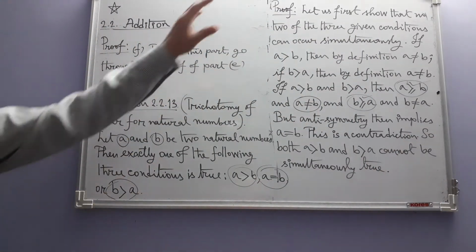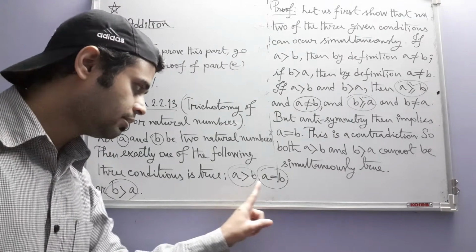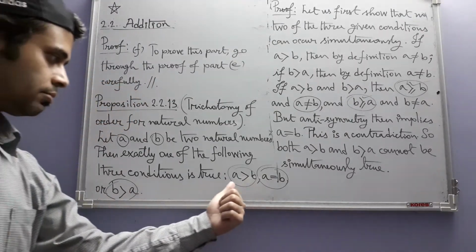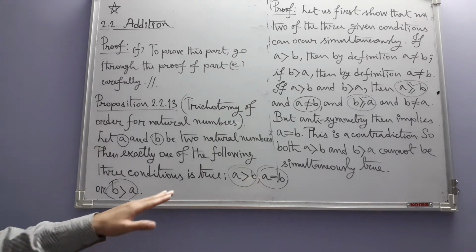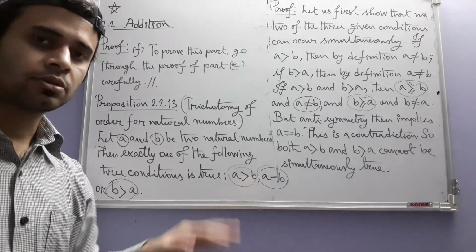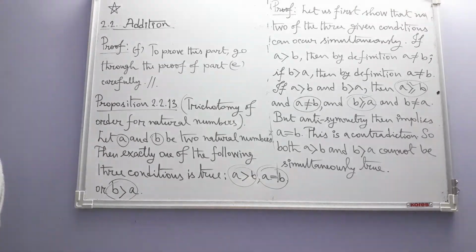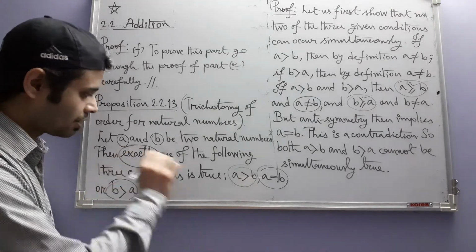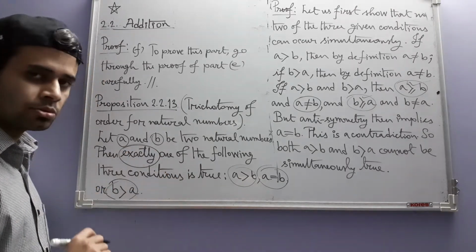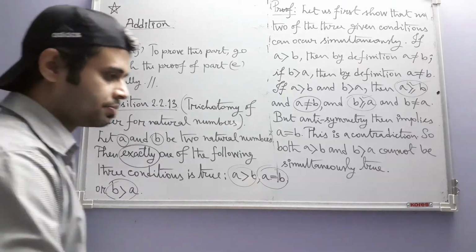Okay, so in this part we have proved that no two of these three conditions can happen simultaneously. But now we have to prove that in any case, at least one of these conditions will be true. That will tell me that exactly one of the conditions is true in any given case.